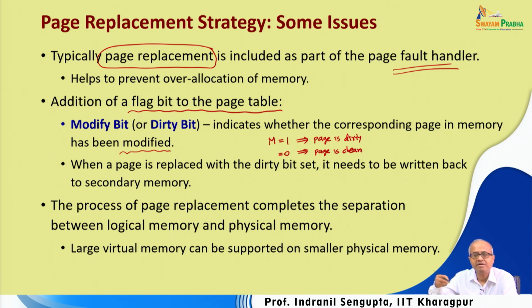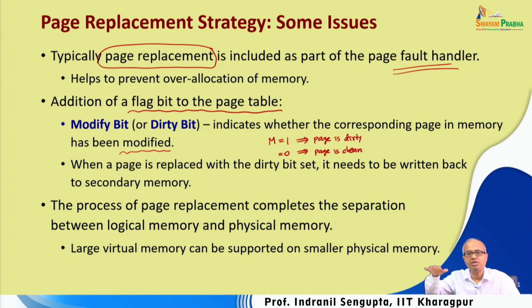Now, whenever there is an access to the page, CPU generates an address, and through logical to physical address mapping, you are accessing the page. So, immediately this modified bit of the page will be set to 1, not when you are accessing, but when you are writing into the page. So, whenever there is a write into a page, that means you are modifying, the corresponding m bit in that page table will be set to 1.